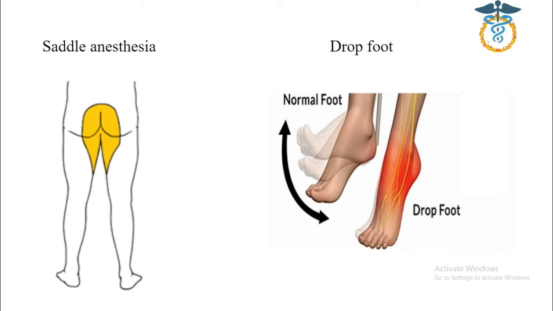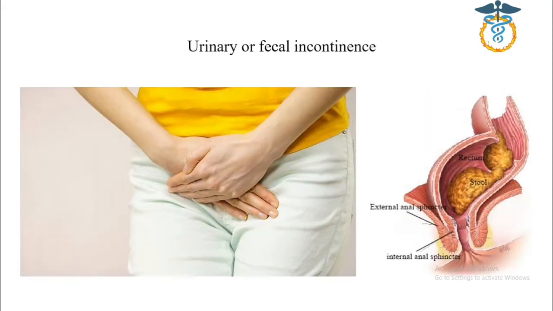The other one is foot drop, and also urinary and fecal incontinence need emergent attention, and the patients must undergo surgery to decompress the affected nerve and improve its function. If the patient delays the surgery, the nerve will be dead and the function is lost forever.